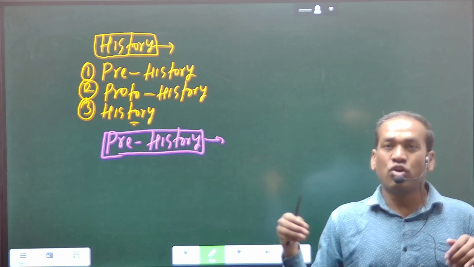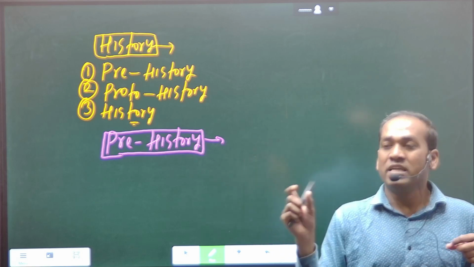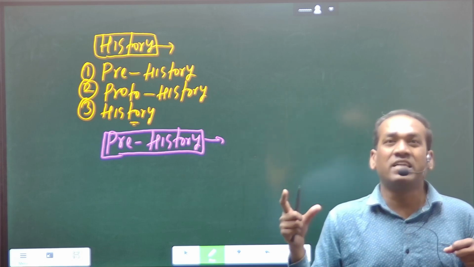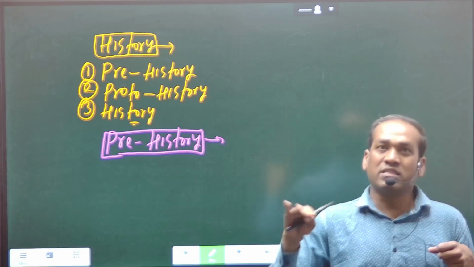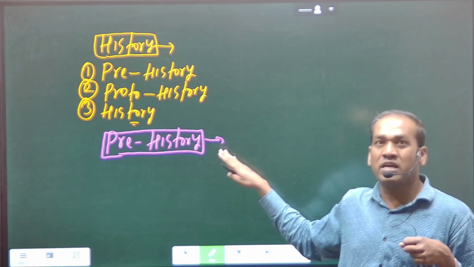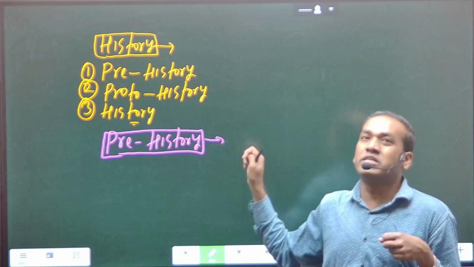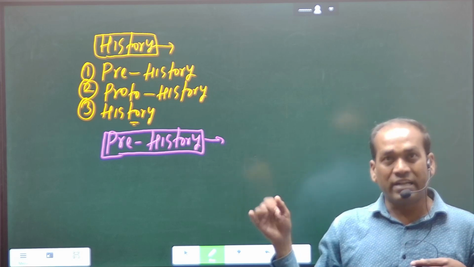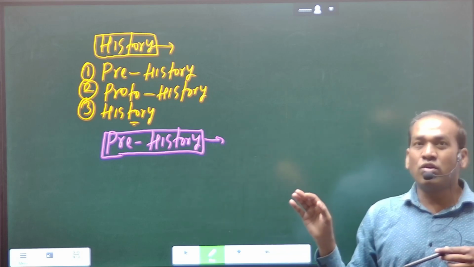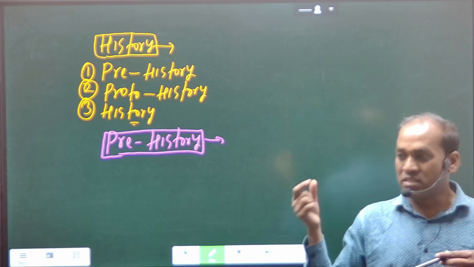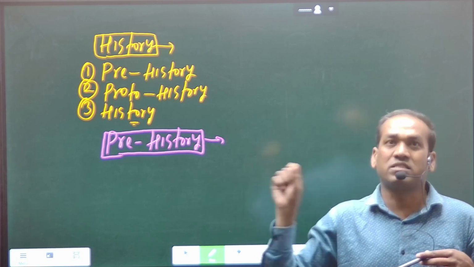Materials like cloths, materials like eatable foods, materials like their skeletons. All these are the materials used by the primitive man, the early man. Those materials have been found in the excavation of archaeologists. After studying those materials, we roughly make the history.